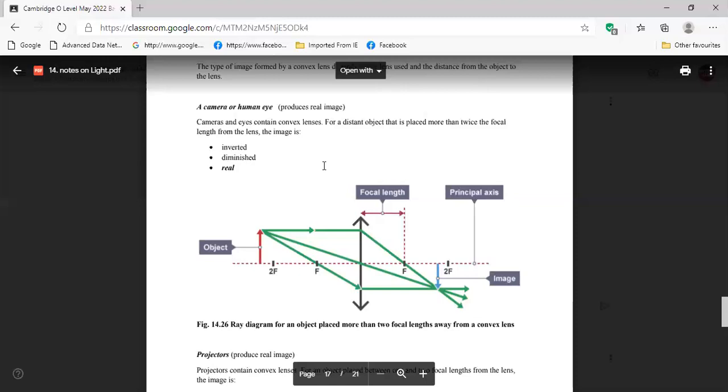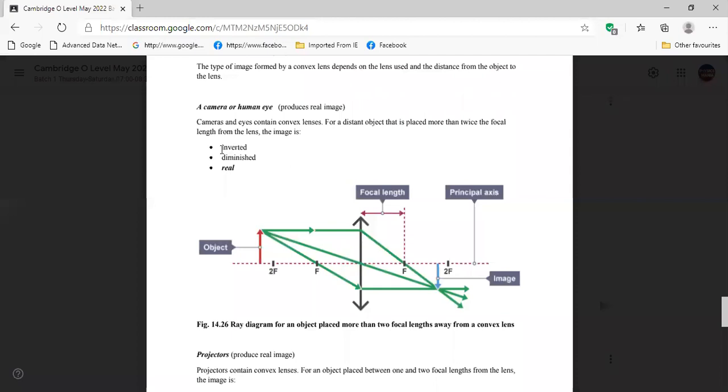Yes, sir. So we are having this on the screen, that's why it is real. Then it is inverted. Inverted means upside down. So please write these three properties.